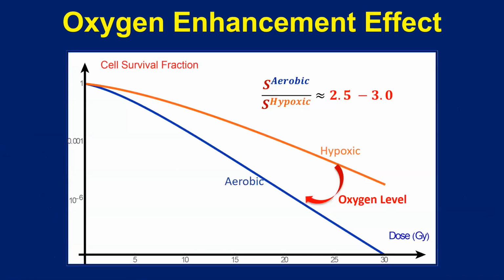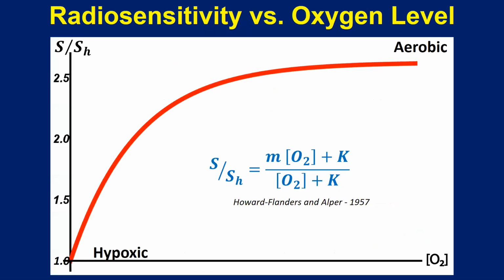It has been known for a long time that oxygen can enhance radiation damage to cells. It can increase cell radiosensitivity by a factor of 2.5 to 3 when the cell environment changes from hypoxic to aerobic. The relationship between cell radiosensitivity and oxygen tension can be well described by the following formula.